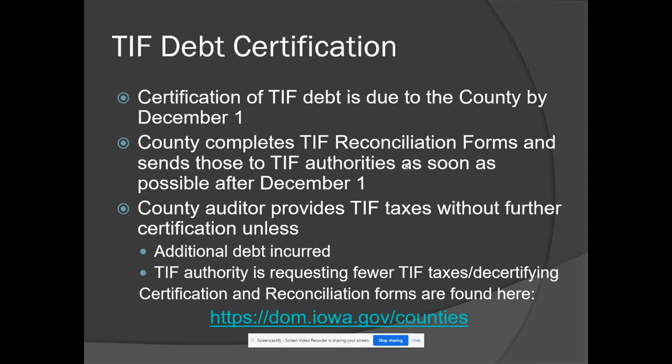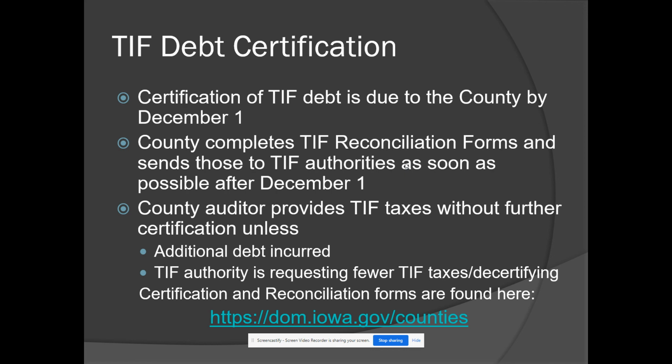And then each year, the county would complete a reconciliation form that says, okay, I understand what you're saying. This is what we show you've received for revenue in the past for this debt. This is what we anticipate you would receive in TIF revenue for this debt in the current year, and what we are estimating for the budget year we're going to be going into.